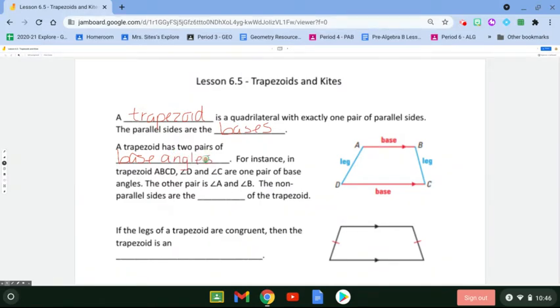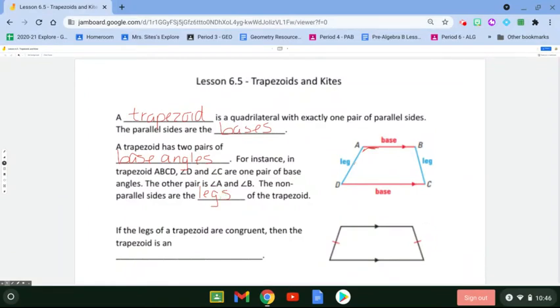For instance, in trapezoid ABCD, angle D and angle C are one pair of base angles, and another pair of base angles would be angle A and angle B. The non-parallel sides are called the legs of the trapezoid.